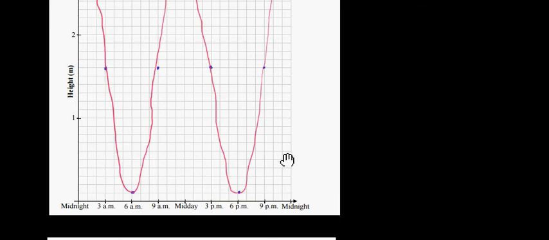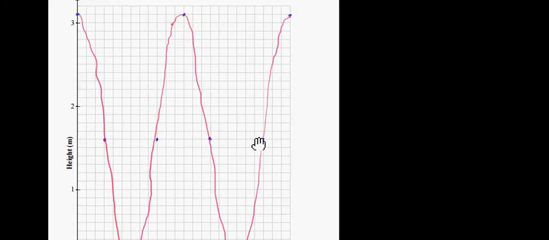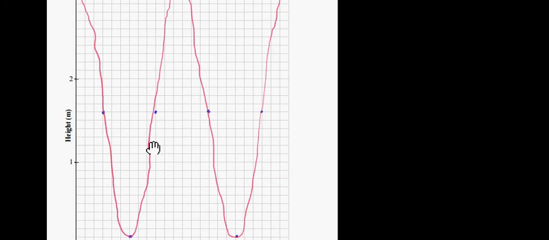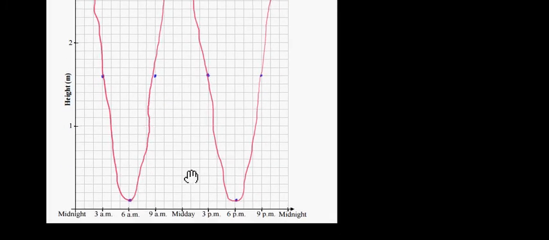Now let's have a look at what we're required to do with this. So the next question is, find from your sketch the difference in water height between low tide and high tide. The difference in height. Well, this is the height along here, along the y-axis. So this is high tide at 3.1 meters. At low tide it's going to be 0.1 meters.